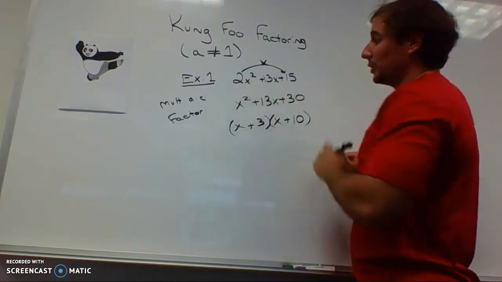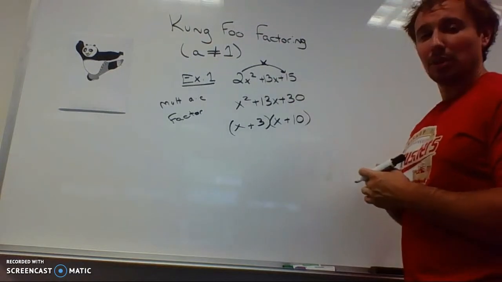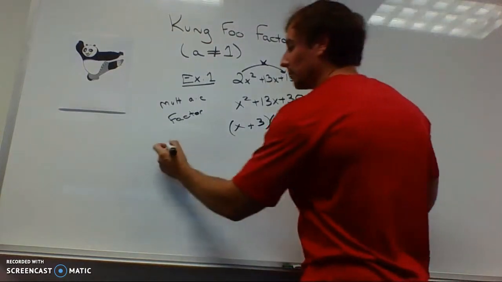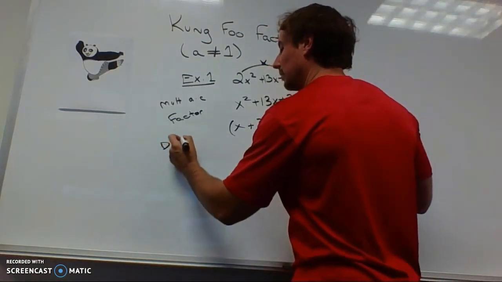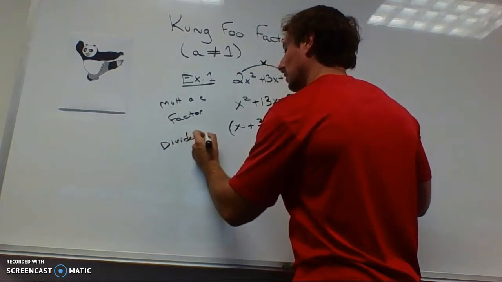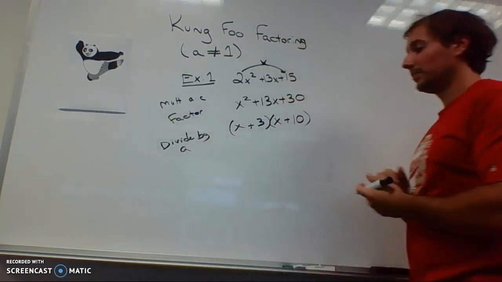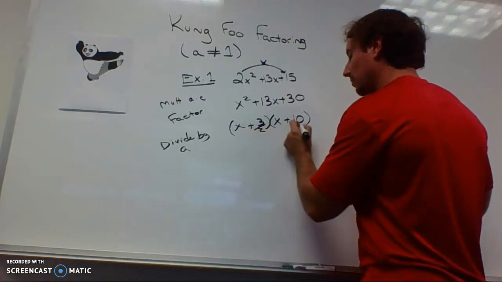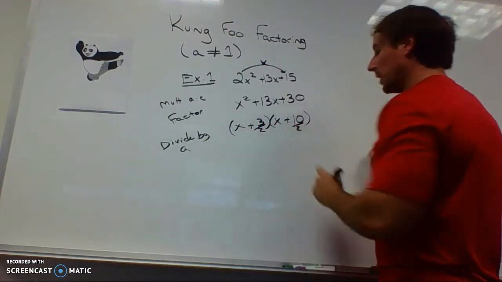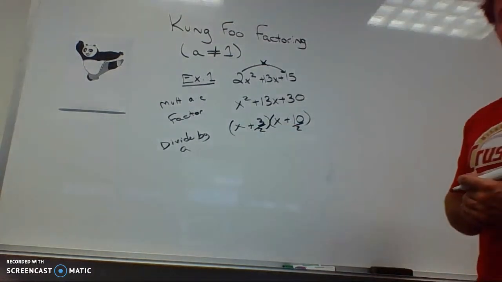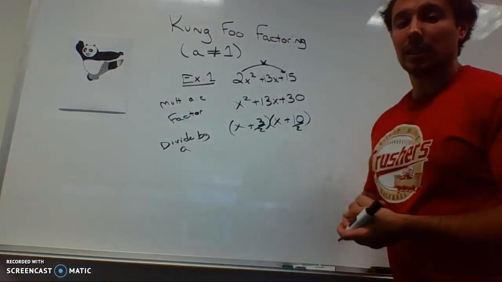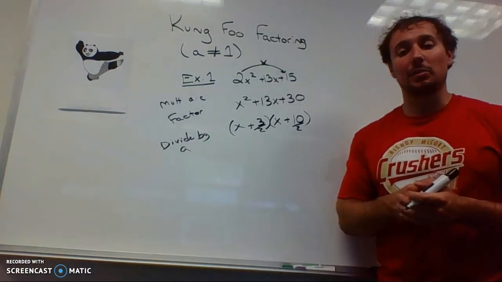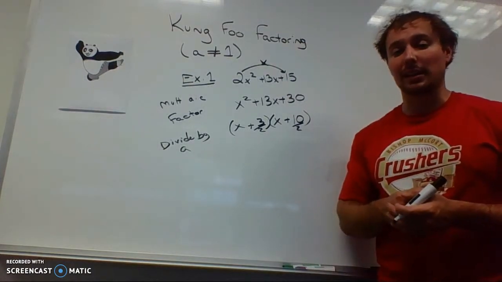But now I have to undo that multiplication. I multiplied by 2 up here, so I'm going to undo that. So I'm going to divide by a now. So I'm going to take my 3, and I'm going to divide it by 2. And I'm going to take my 10, and I'm going to divide it by 2. So this is why I call it KungFooFactoring, because this is something that plays out really, really neat in mathematics.